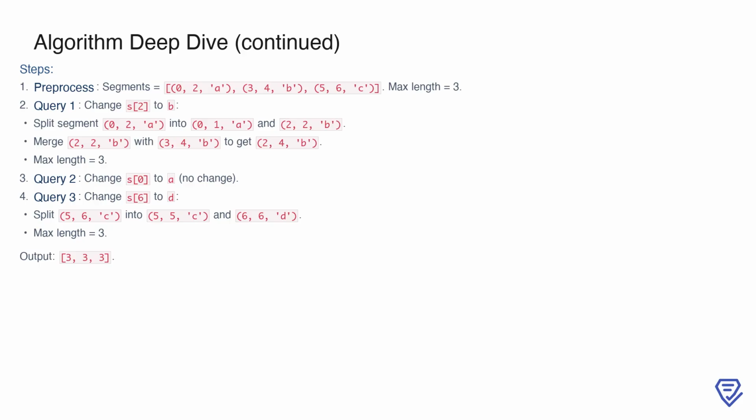The second query involves changing the character at index 0 to A, but since it's already A, no changes are made. Finally, the third query changes the character at index 6 to D. This splits the segment CC into C at index 5 and D at index 6. The maximum substring length after all queries is still 3. The output for this example is therefore 3, 3, 3.